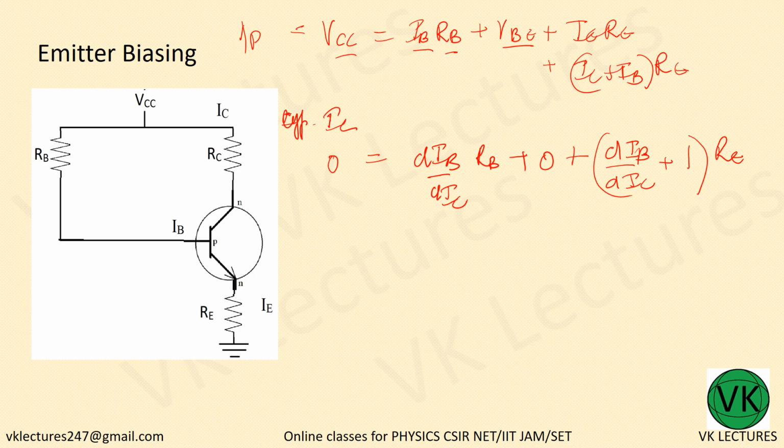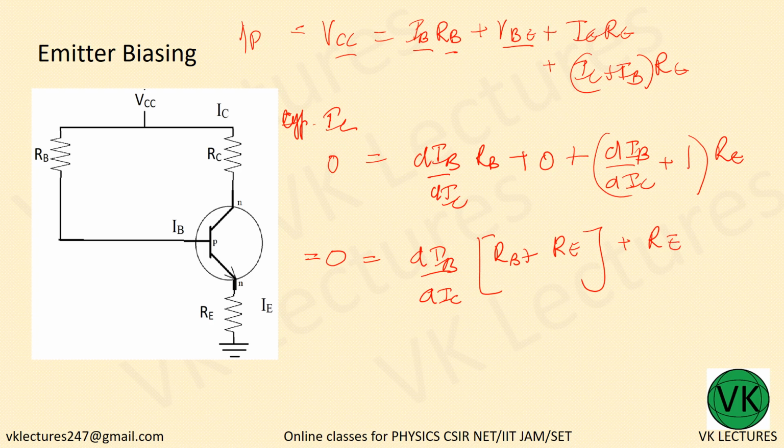Alright, and this quantity what you can do is split it and make it once again we will write 0 is equal to DIB by DIC into RB plus RE plus RE.